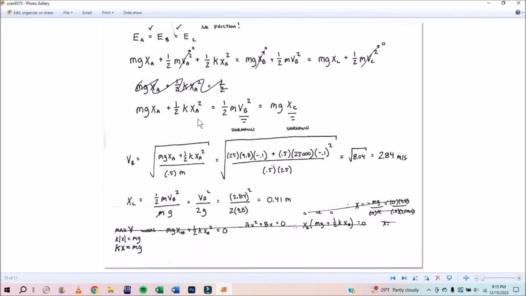I solve for VB first. How I do that, I just keep all this stuff right there, and then divide by this half, divide by m, and then take the square root of it. That's all I did. And then you throw the numbers in. This goes back to chapter 1 physics. Mass is 25, 9.8, negative 0.1. So what you do is you just guess. Right here, let's take this one.